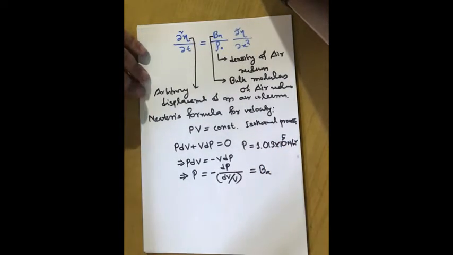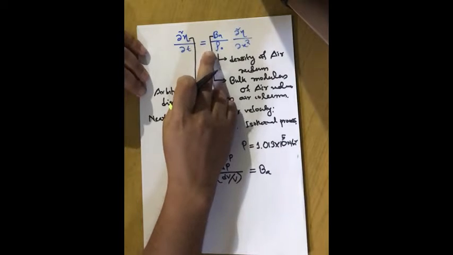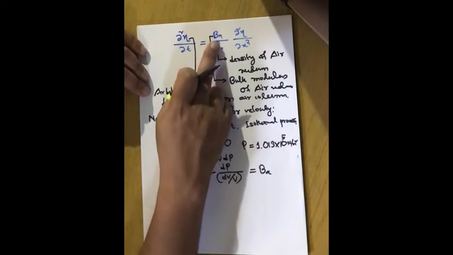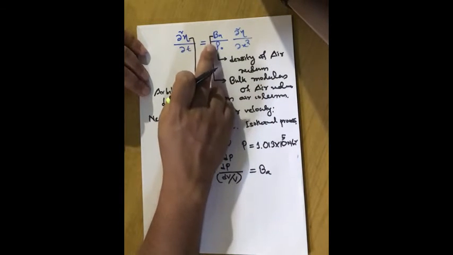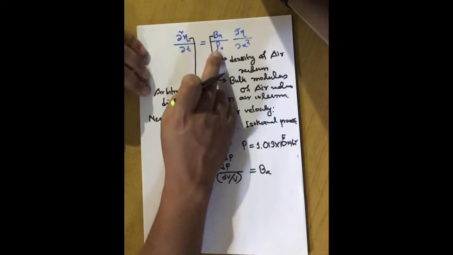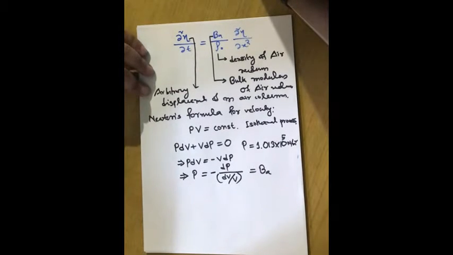Now if you look at this quantity Ba divided by ρ0, it has the dimension of the square of the velocity.